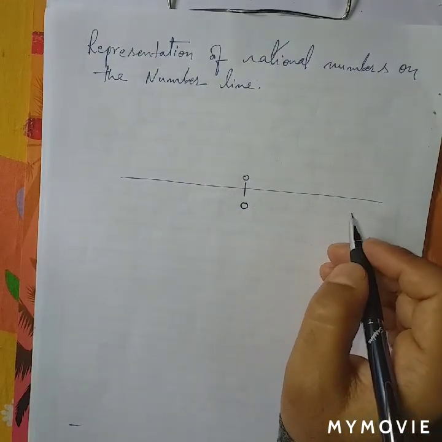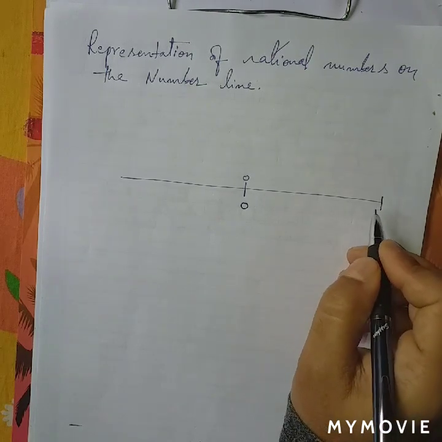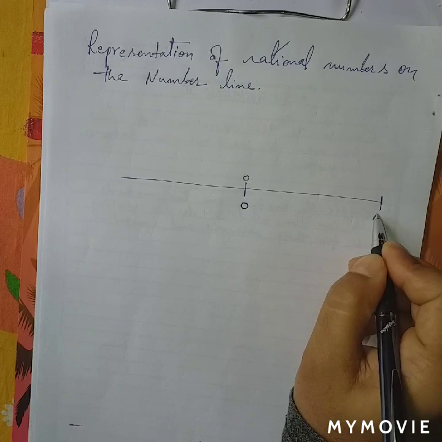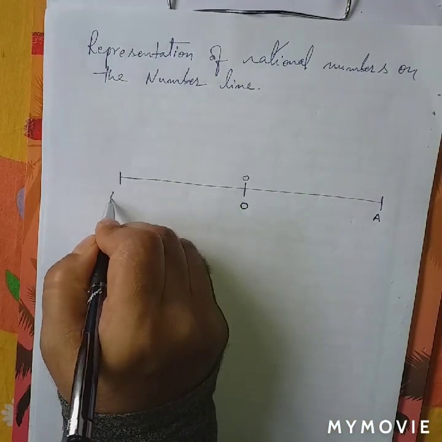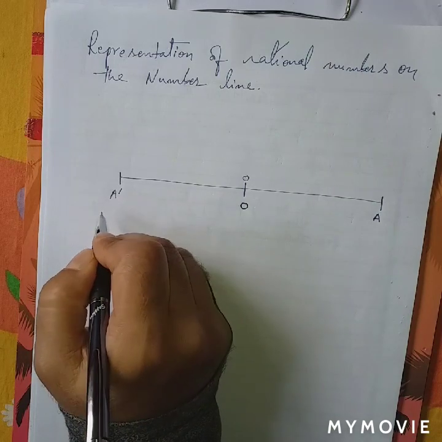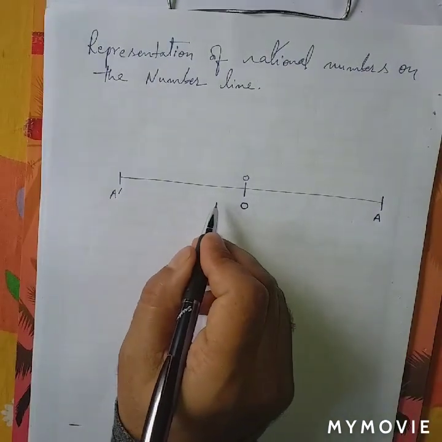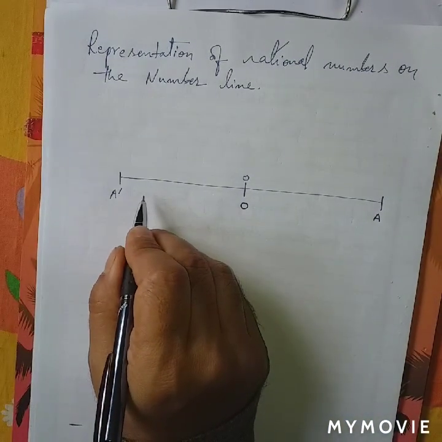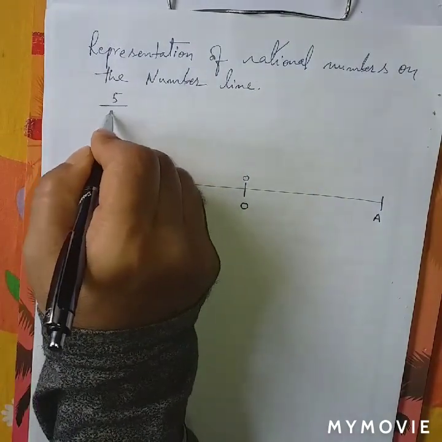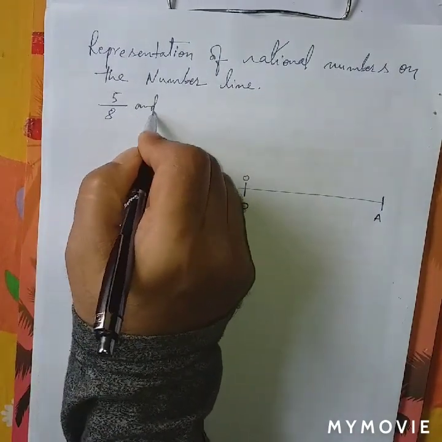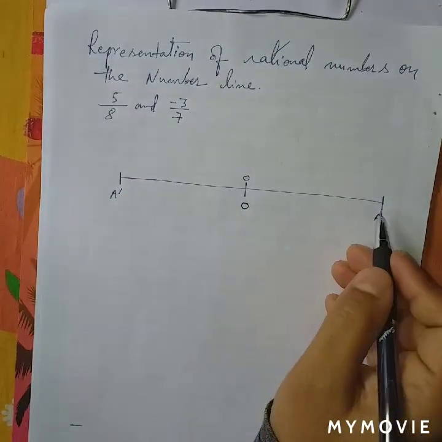And let us mark a point A on the right hand side of 0 and A dash on the left hand side of the 0. This side positive numbers are there and this side negative numbers are there. Suppose let us try to represent 5 by 8 and minus 3 by 7 on the number line.